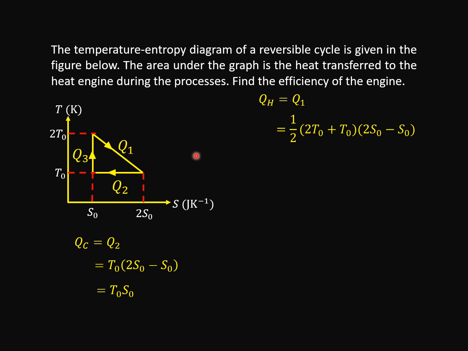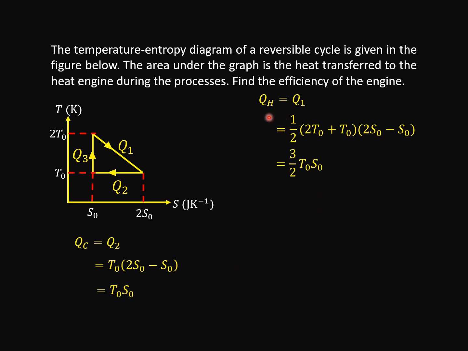Qh is equal to Q1 in this process. So we can find it from the area under the graph, which is the area of this trapezium. So it is equal to half times 2 T naught plus T naught, multiplied with this length, which is 2 S naught minus S naught.